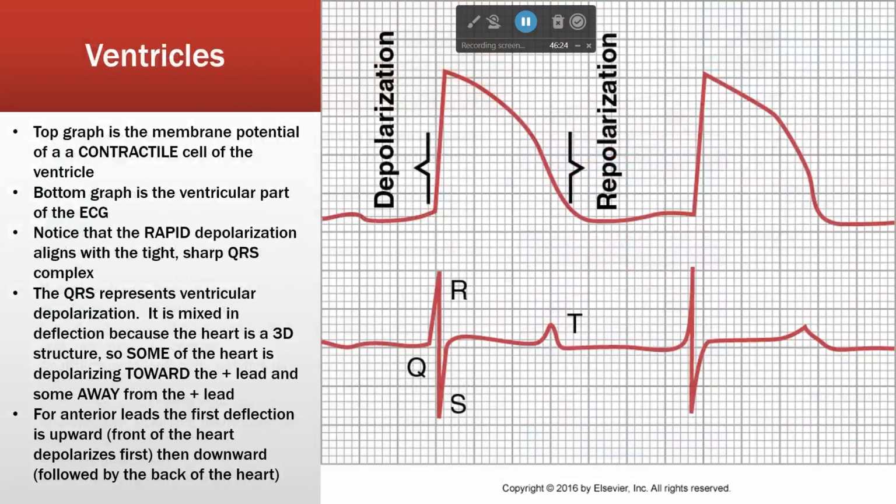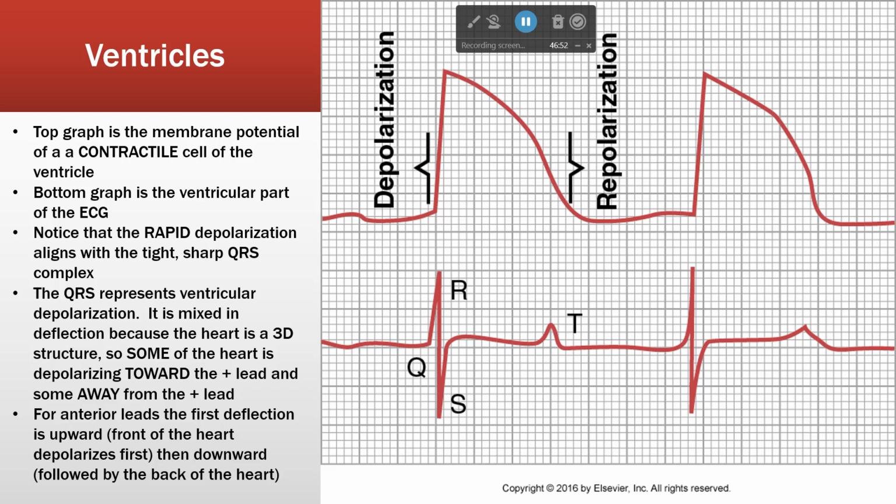All right, we did positive, negative. So the top graph, if we were to measure a contractile cell in the heart, the pattern is what we would see here at the top, right? So we have our depolarization, our plateau, and then repolarization, depolarization, plateau, repolarization. Because the plateau, remember, is where calcium is entering that's going to cause contraction.